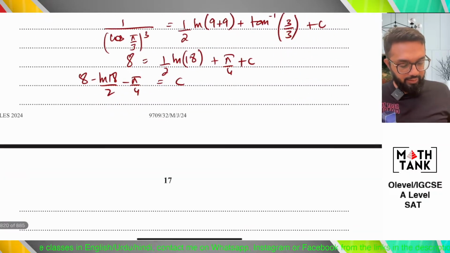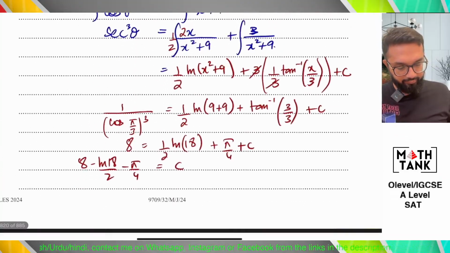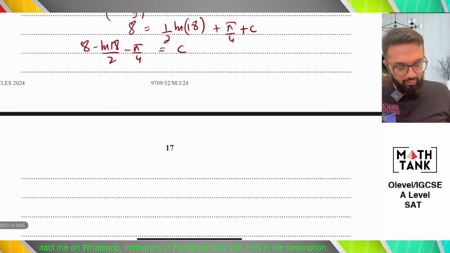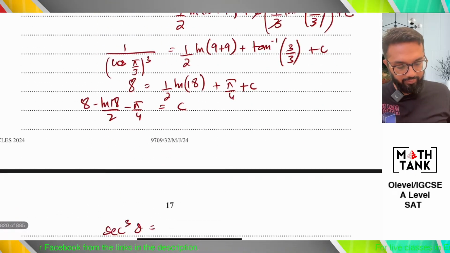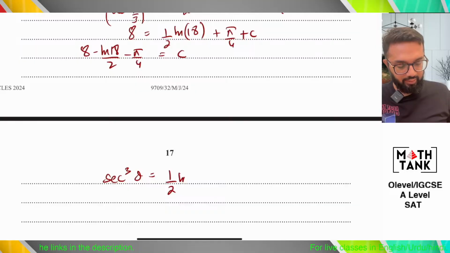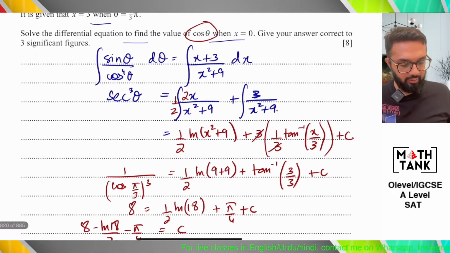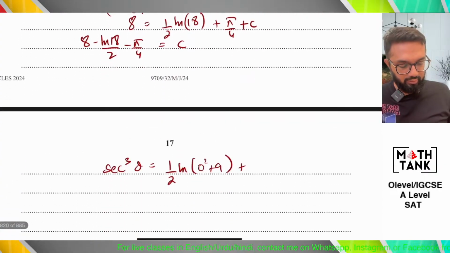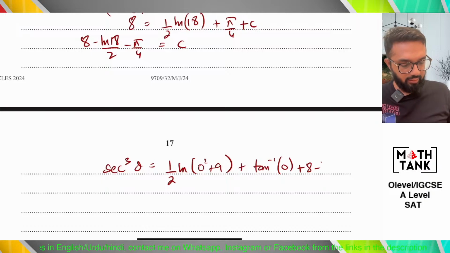A little weird, but let's try to work with it. So sec cube theta equals half ln... now I want x to be 0, and tan inverse of 0, 8 minus ln 18 over 2 minus pi over 4.